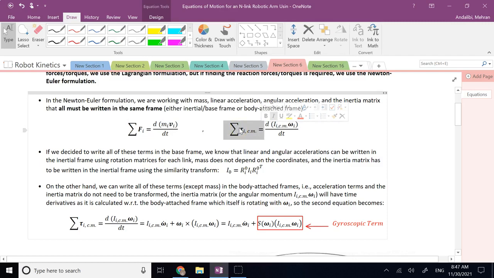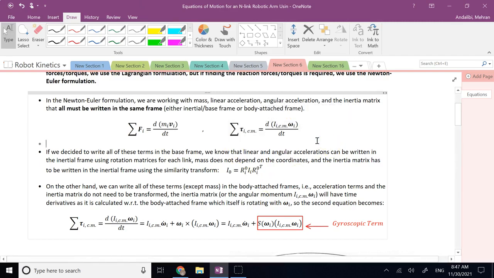Specifically for a link, you can describe everything either with respect to the body attached frame, which is a rotating frame, it has motion, it's not an inertial frame, or you can describe everything in the base frame, which is inertial, and with respect to time, the unit vectors of that base frame do not change, while the body attached frame has time varying unit vectors because they do have a rotation.